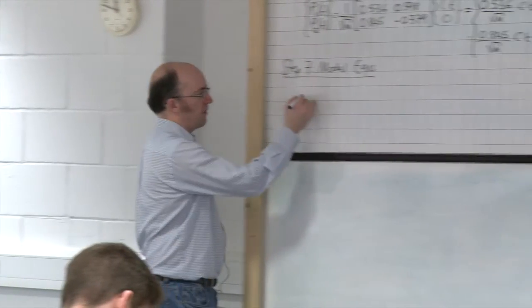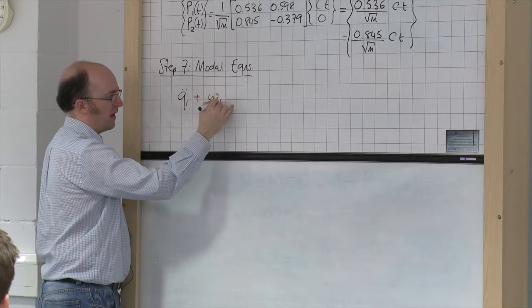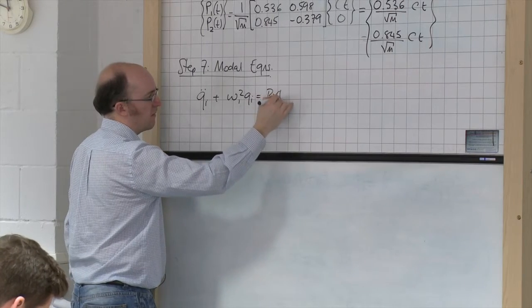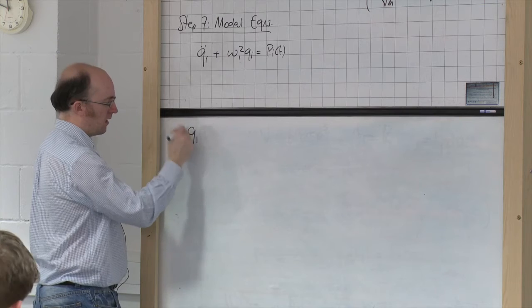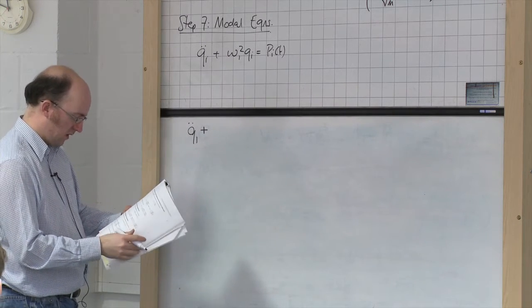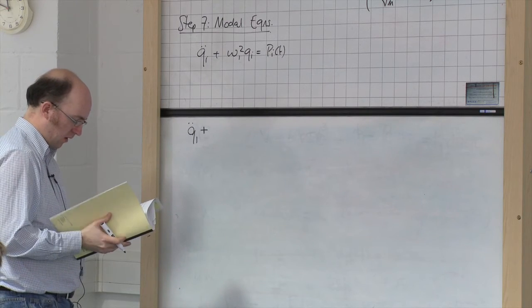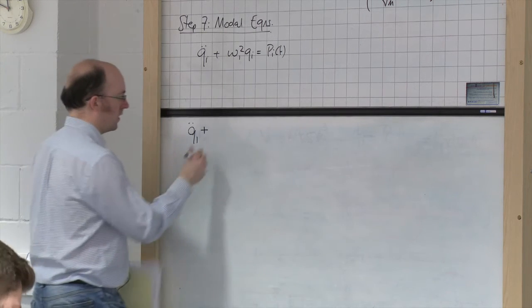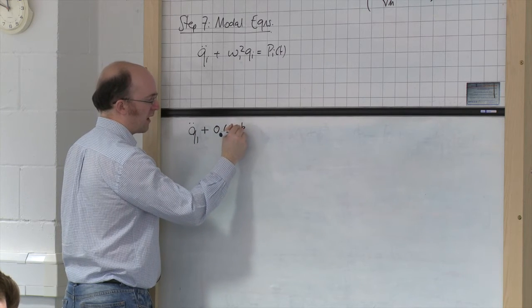They'll always be in the form, it's undamped, qi double dot plus omega i squared qi equals pi of t. So quite clearly we're going to have q1 double dot plus omega i squared, which we found in the previous steps, 0.655 k upon m.